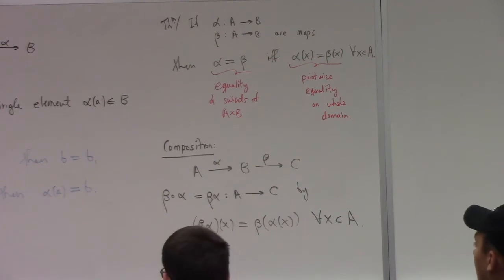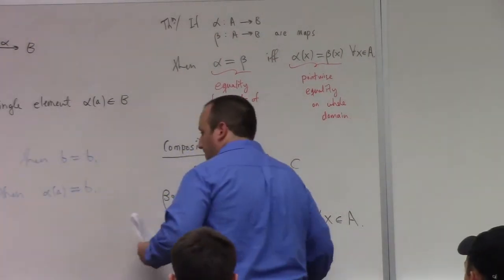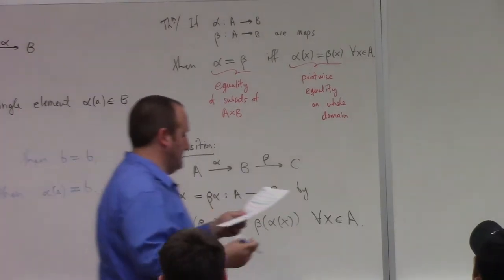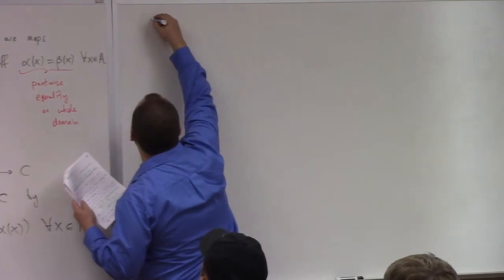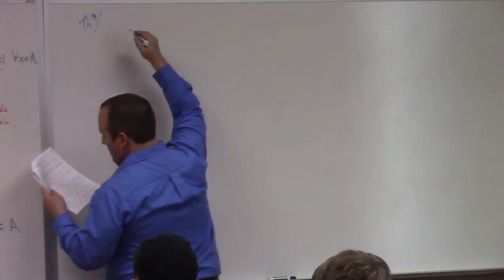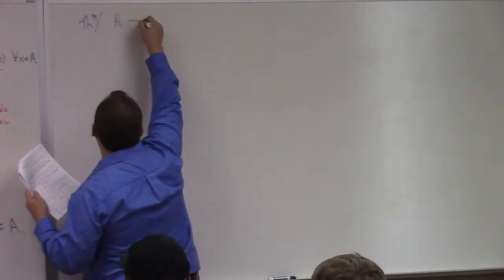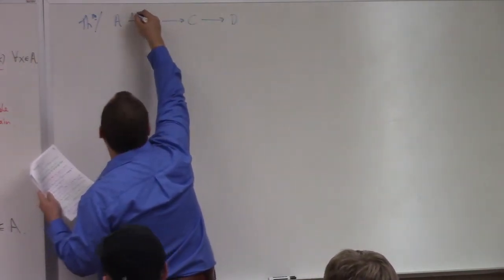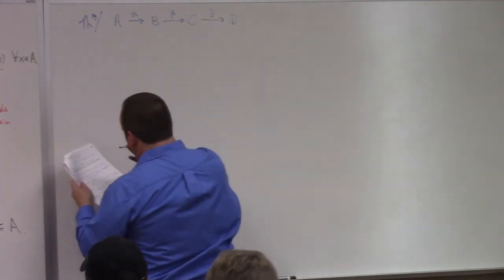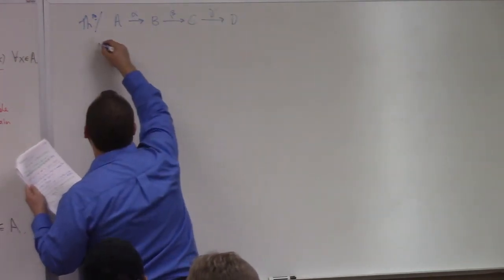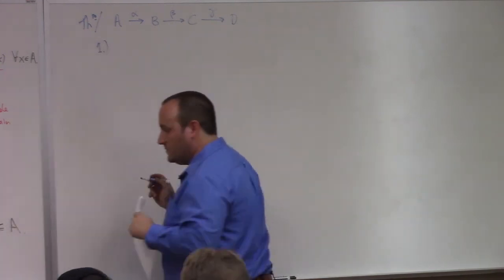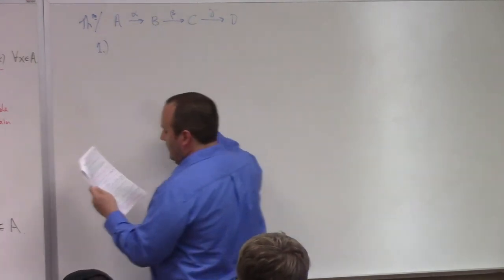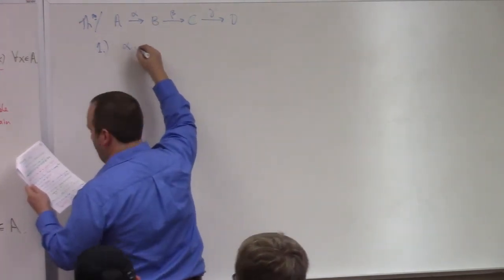So, theorem. If we have mappings alpha, beta, gamma, then... Oh, something I forgot to define. You guys will tell me it.